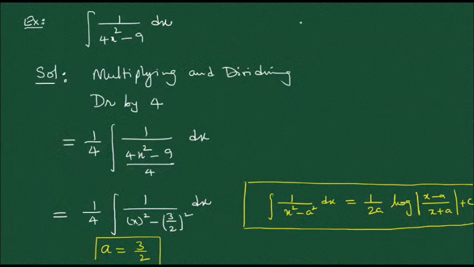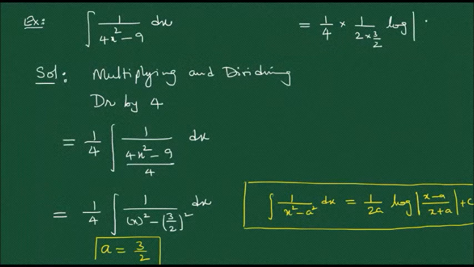Now, using that form of integral, I can write the answer 1 by 4 into 1 by 2a, 2 into 3 by 2, log of (x minus 3 by 2) by (x plus 3 by 2) plus c.